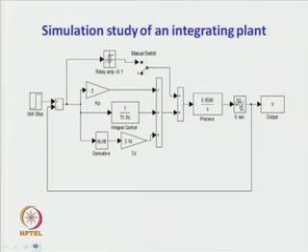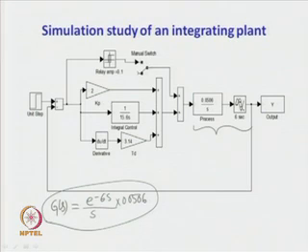Next, we shall study the online identification of an integrating plant, where the integrating plant dynamics is assumed to be G(s) equal to e to the power minus 6s upon s times 0.0506. So, the first order plus delay integrating process has dynamics with constant 0.0506, time delay of 6 seconds and an integrator at the origin.